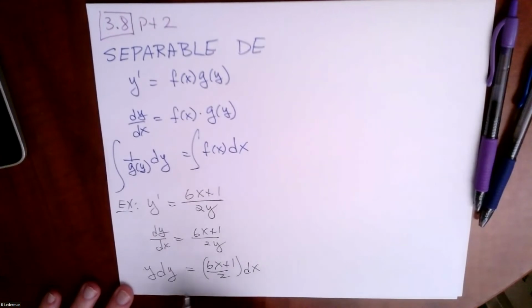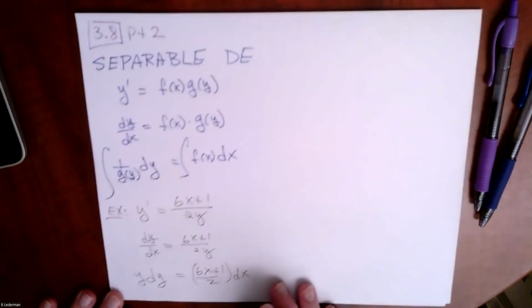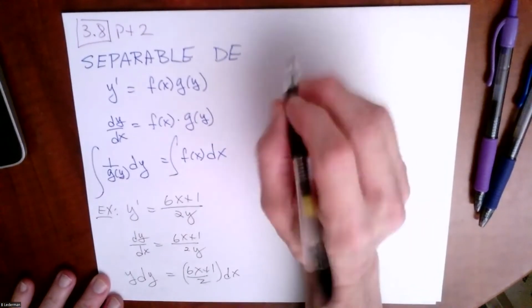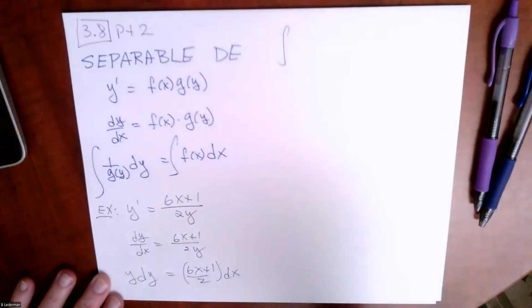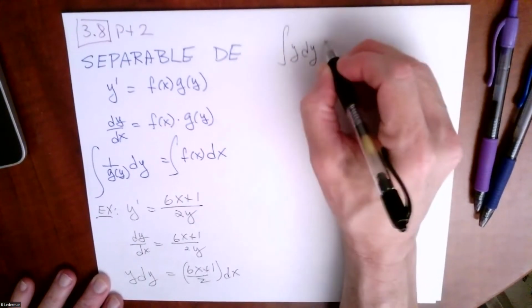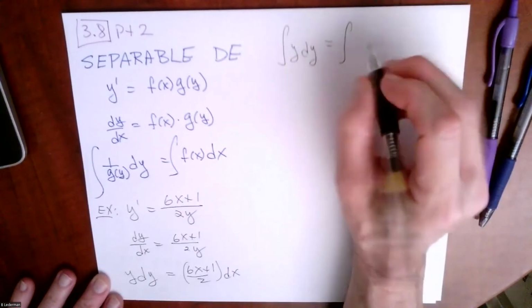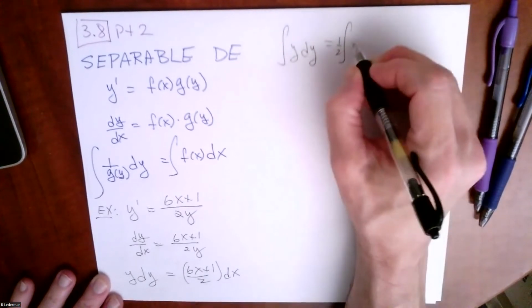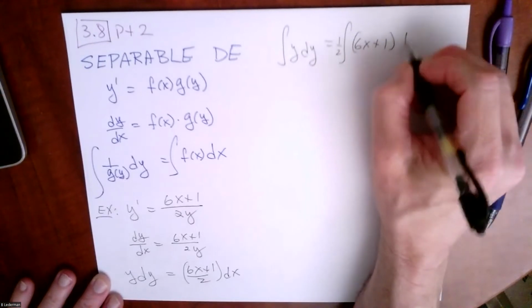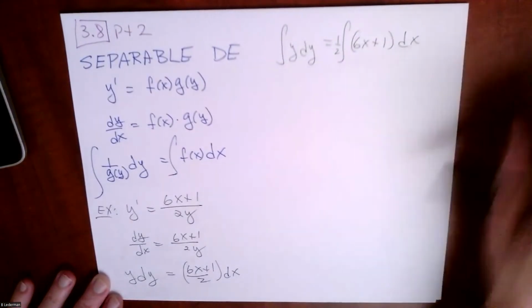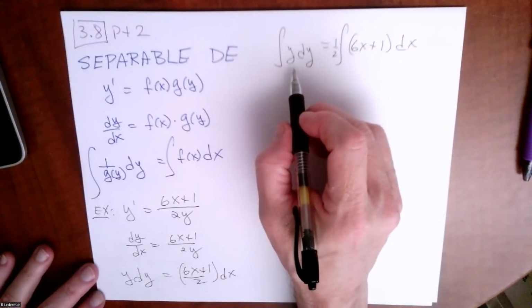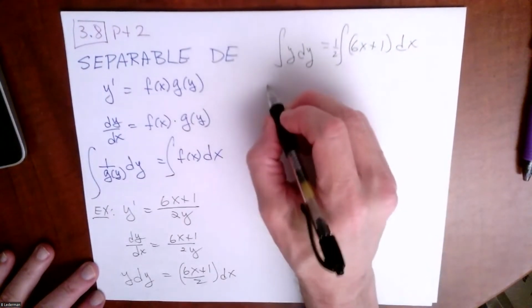Now what I'm going to do is, once I have this, I can integrate both sides. So the integral of y dy is equal to the integral, and I may as well bring the half out here, of 6x plus 1 dx. And now I just solve this. Each one is an integral. Now this integral, I'm going to write y squared over 2.